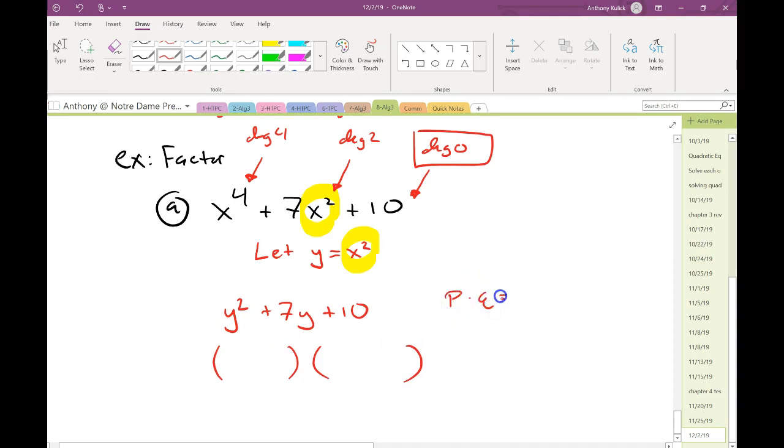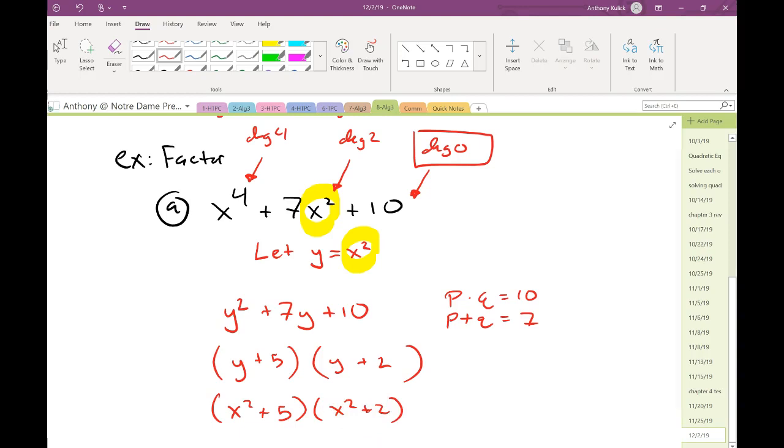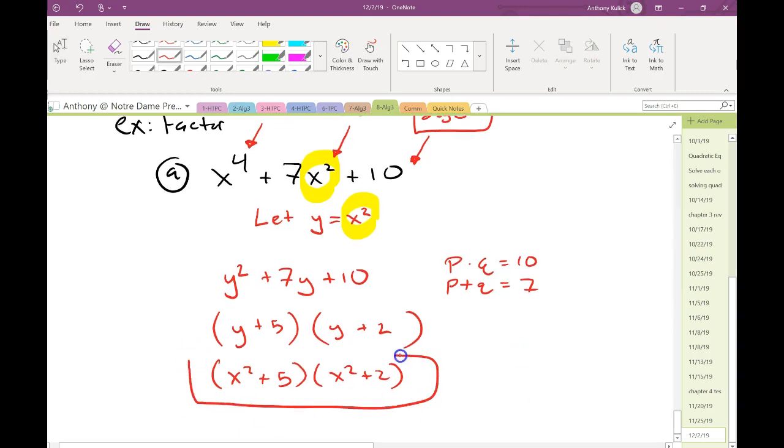I just need two numbers that multiply to give me 10 and add to give me 7. Those two numbers would be 5 and 2. And then I don't want to factor over y, I want to factor over x. So my last step will just be to put the x squareds back in place of the y's. And that's it. Okay there? We'll stop here because it looks like we're about out of time. We'll continue.